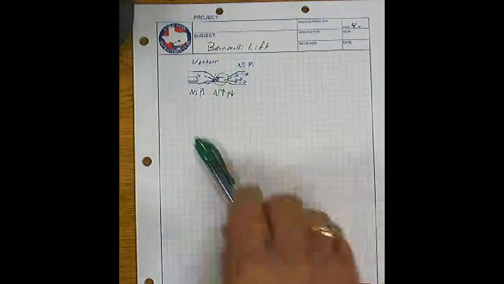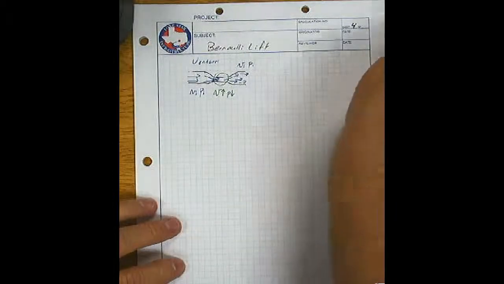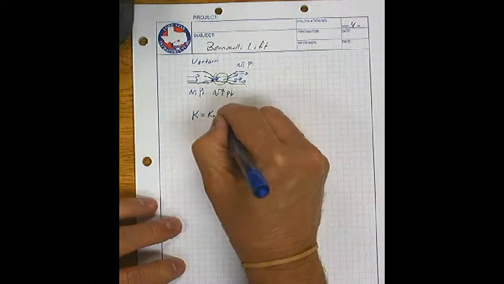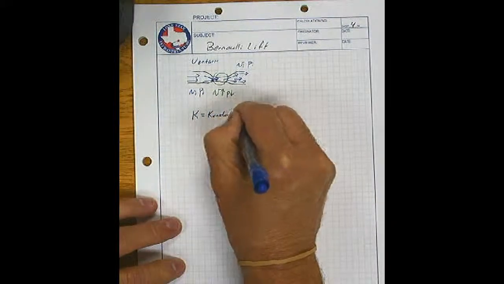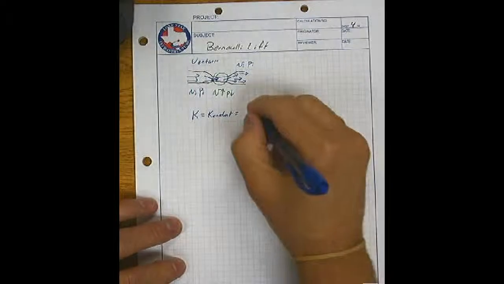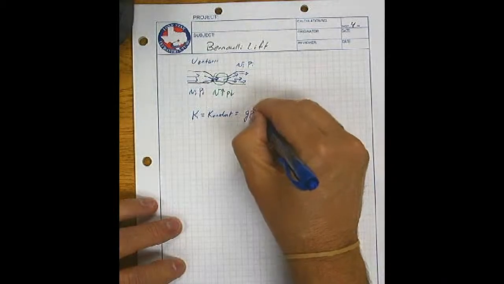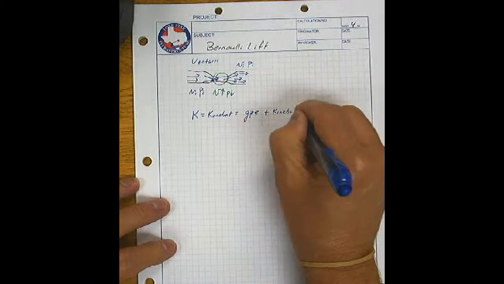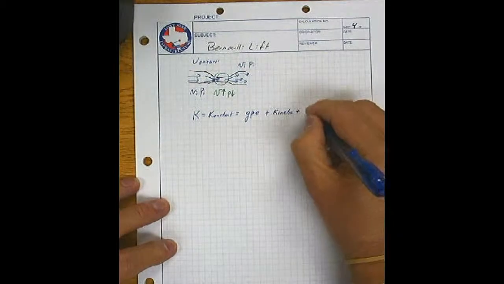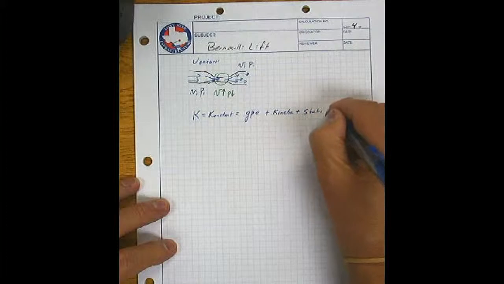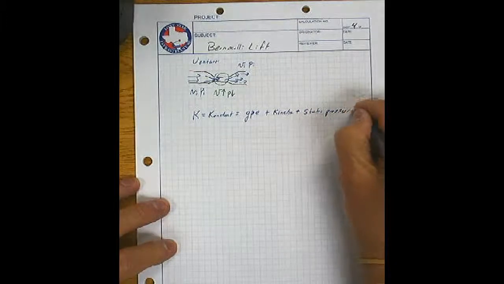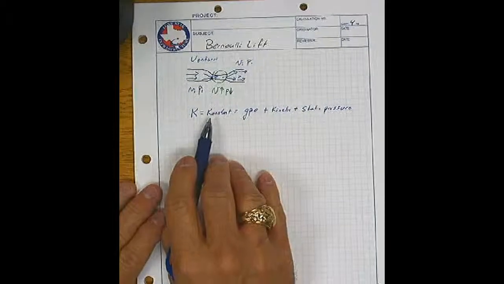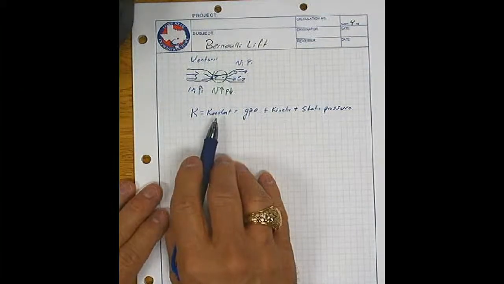Now, here's what Bernoulli's equation says, and by the way, in case you didn't know it, K stands for constant. Bernoulli's equation says that if I take the gravitational potential energy plus the kinetic energy plus the static pressure of the air, those have to be a constant value, whatever they are, relative to the operation of our airfoil.